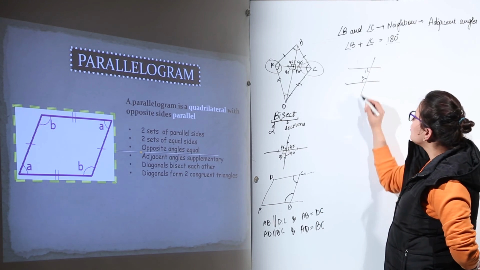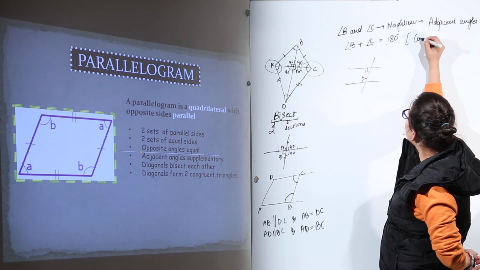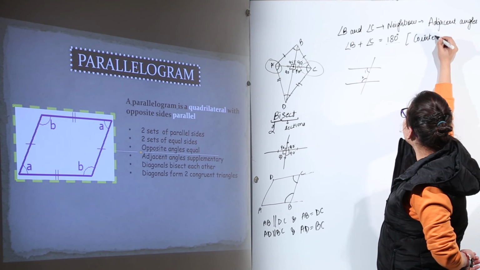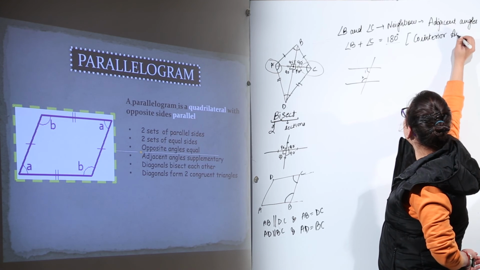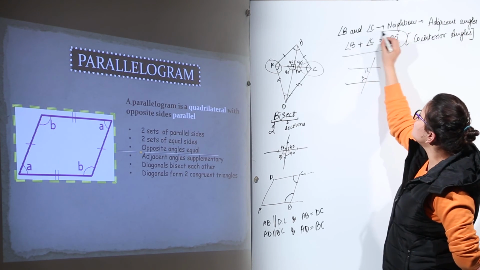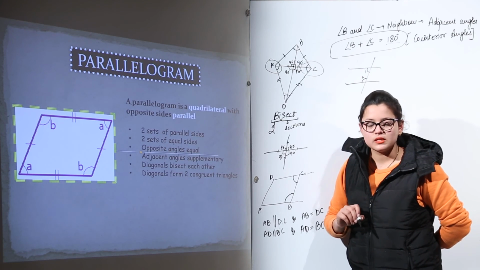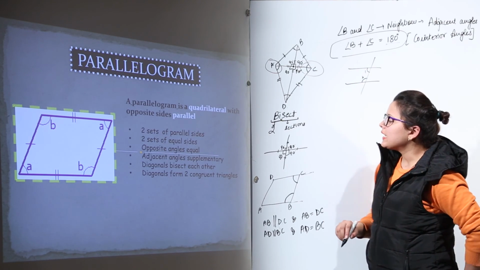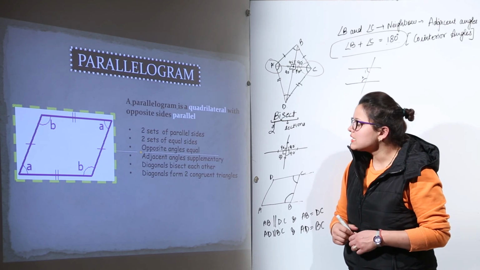We have studied that the property of co-interior angles is that they add up to 180 degrees. Therefore, we say that adjacent angles are always supplementary.